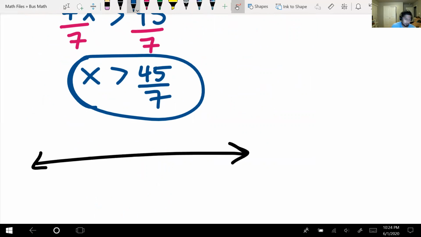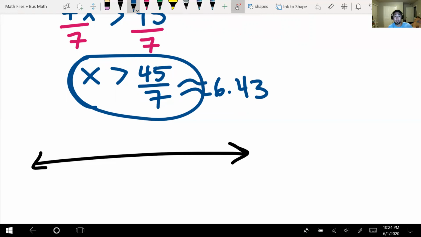And 45 over 7. It's a good thing we're in business math, because we can work with decimals. So 45 over 7 is approximately 6.43.